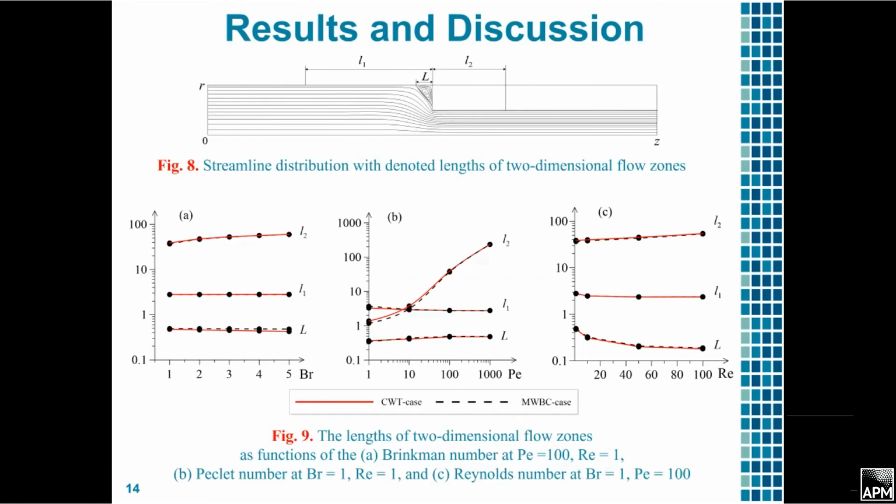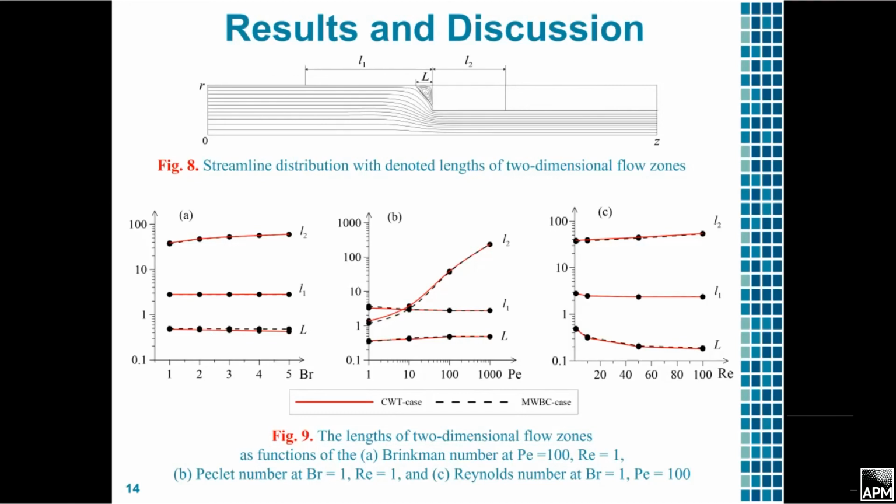Now let's analyze the flow structure characteristics. As it was mentioned before, in both cases, the flow included two-dimensional flow regions, and we decided to introduce dimensionless characteristics of these regions. I mean the length of the two-dimensional flow region in the upstream pipe, we denoted it by L1, and the two-dimensional flow region in the downstream pipe, which is denoted by L2.